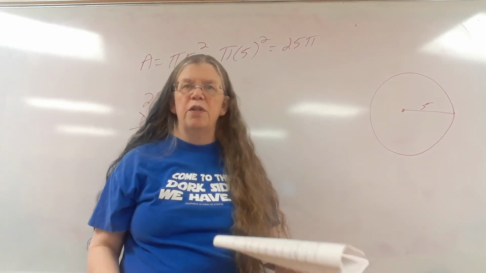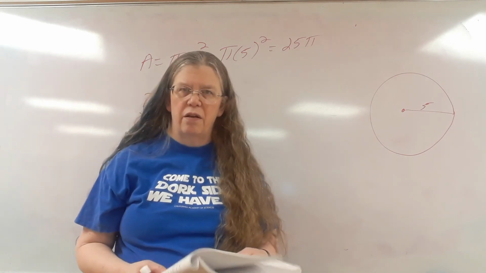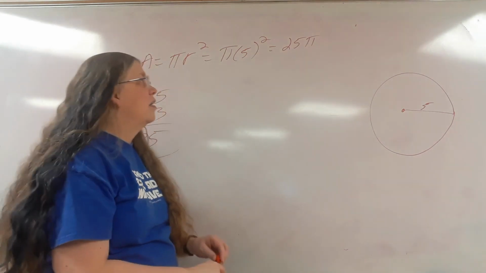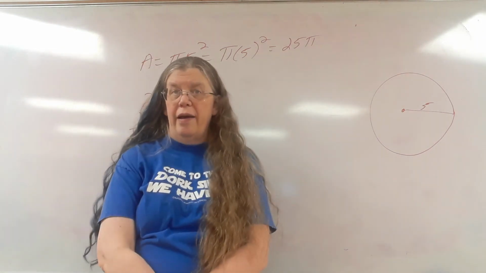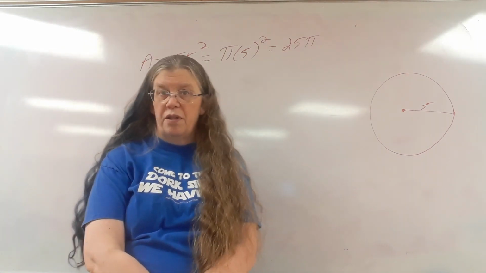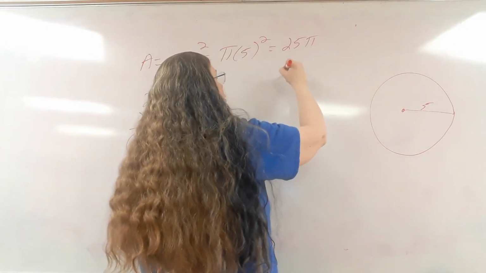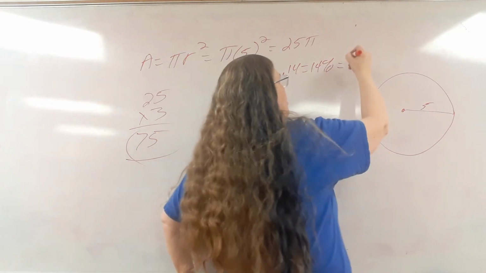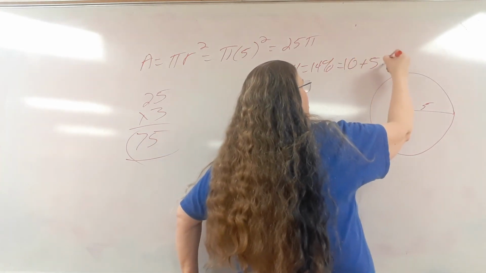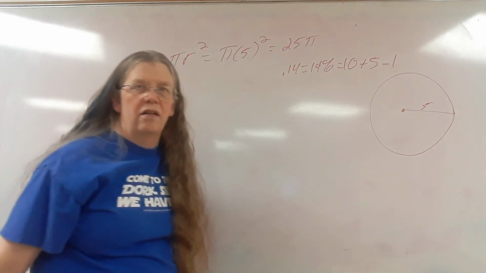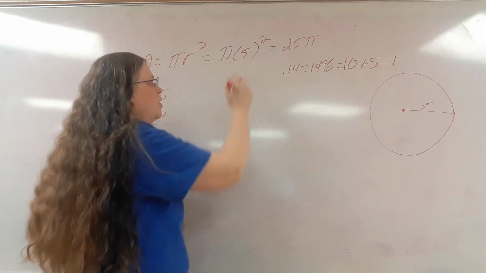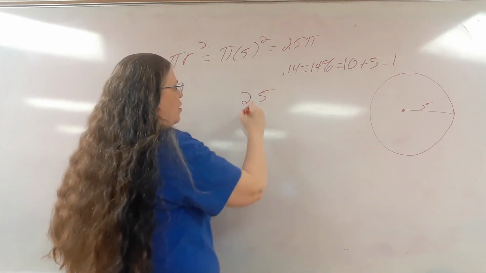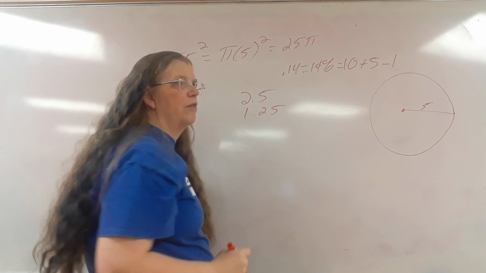If the answers were close together, and we did need to do the whole thing, one thing that I came up with recently is that 0.14 on pi can be done with the 10% method. 0.14 is 14%. That is the same as 10 plus 5 minus 1. 10% of 25 is 2.5. 5% is half of that, 1.25.